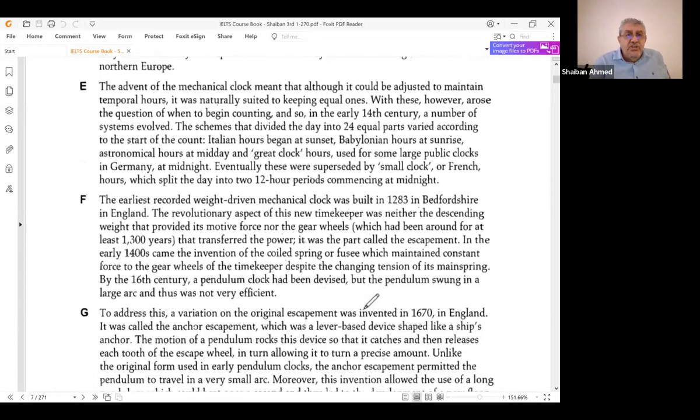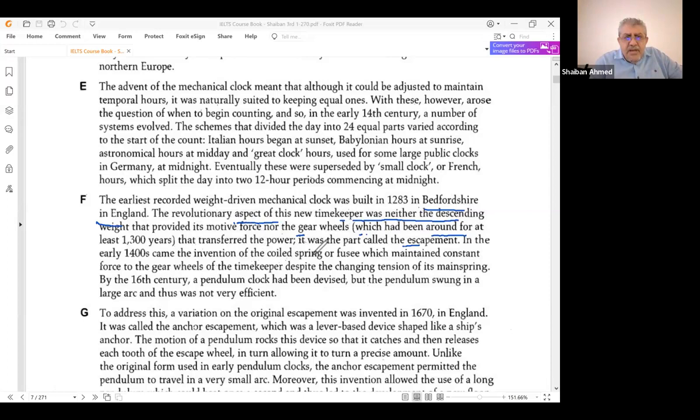Okay, English. Where is it? In England. The earliest recorded weight-driven mechanical clock was built in Bedfordshire. The revolutionary aspect of this new timekeeper was that a descending weight provided motive force, and gear wheels would be round. The part called the escapement, in the early invention called spring.